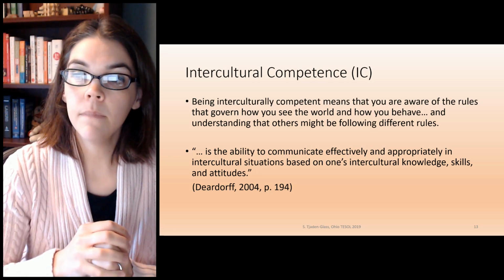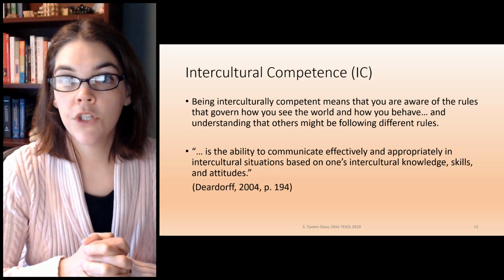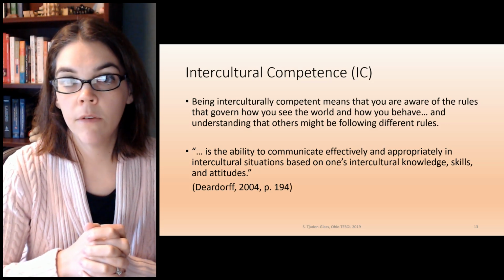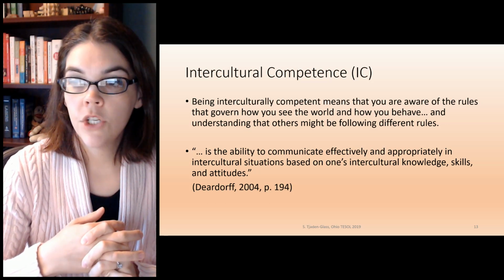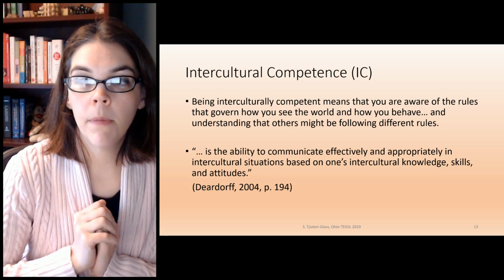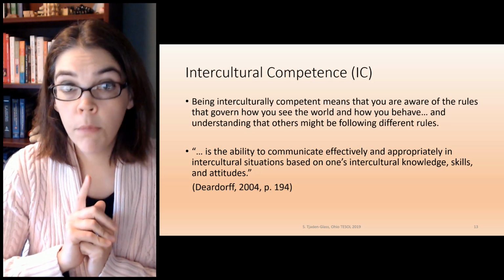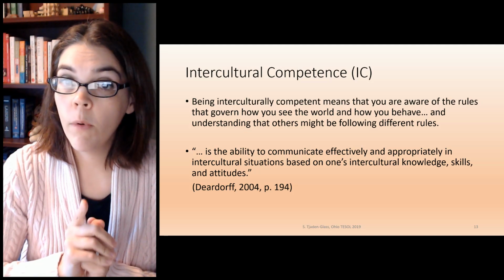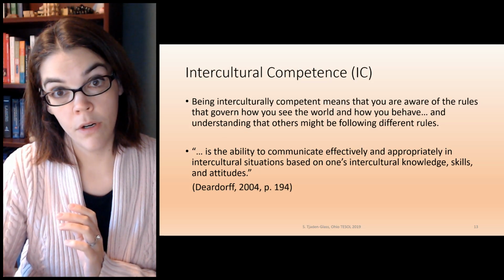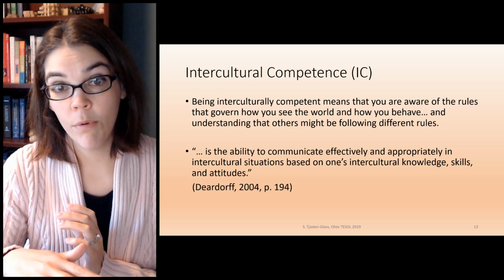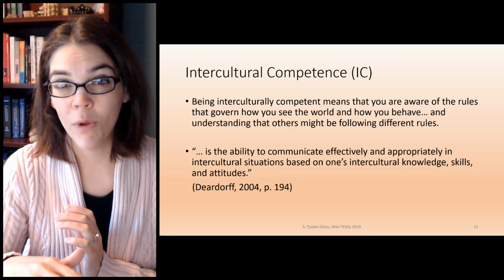Okay? Darla Deardorff has a fantastic definition of intercultural competence that is widely cited. She's from the field of international education. And she says that intercultural competence is the ability to communicate effectively and appropriately. And that's important. You might be able to get your message across in another culture, but if you do it inappropriately and you offend people, that's not helpful.